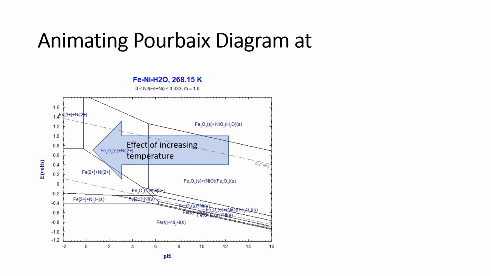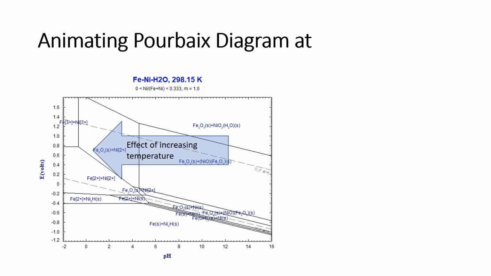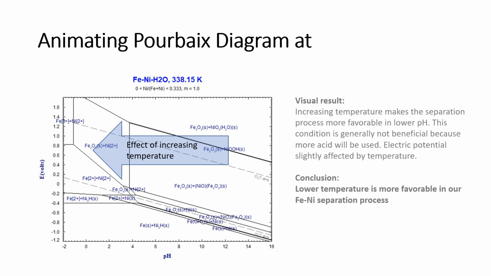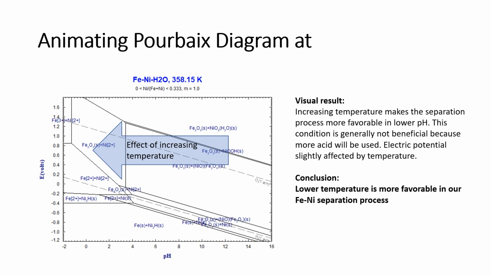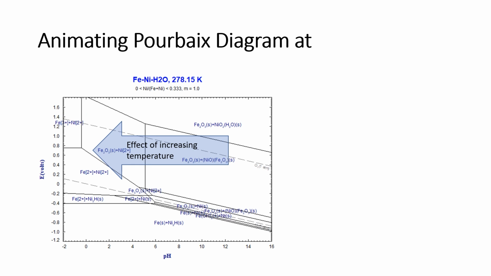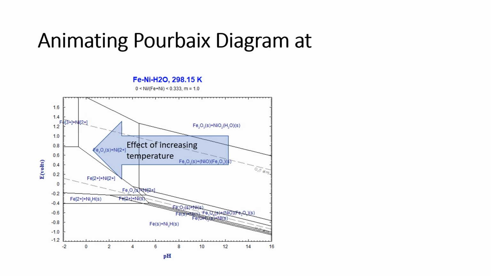And then what I did next was that I took 10 degrees Celsius increment or 10 Kelvin increment and simulate all the temperature and collect the result here and animate them.